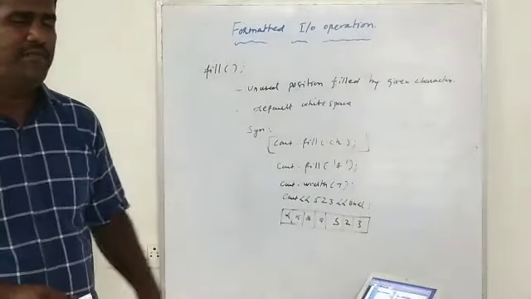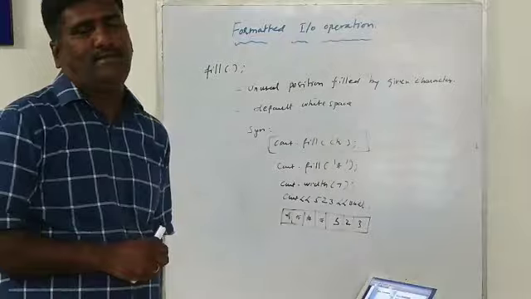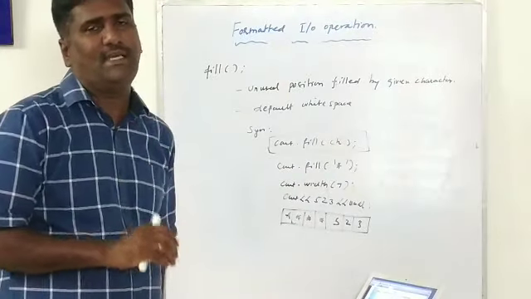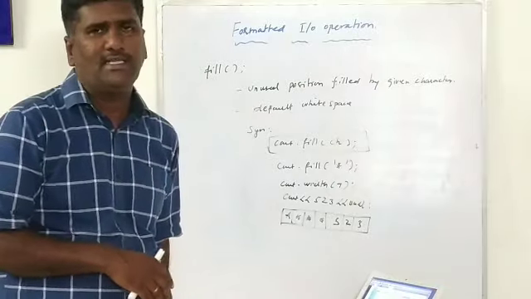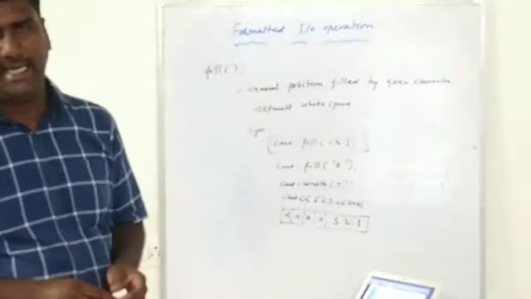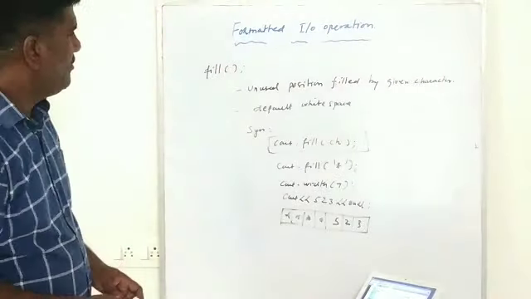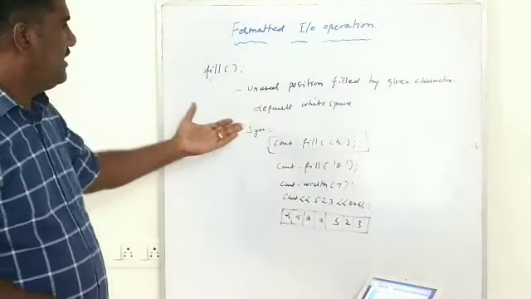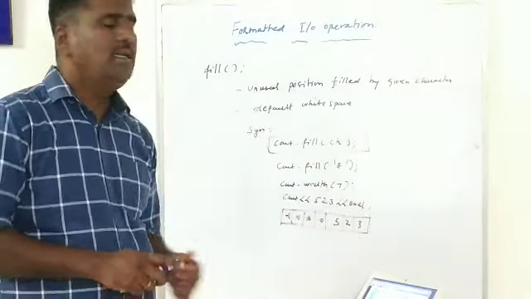Suppose I already fixed the width 7 and I only give 2 characters, so the remaining 5 spaces are available. Those 5 spaces are by default white space, but if the user wants to fill some special character, at that time we use the fill function. So the default filling value is white space.